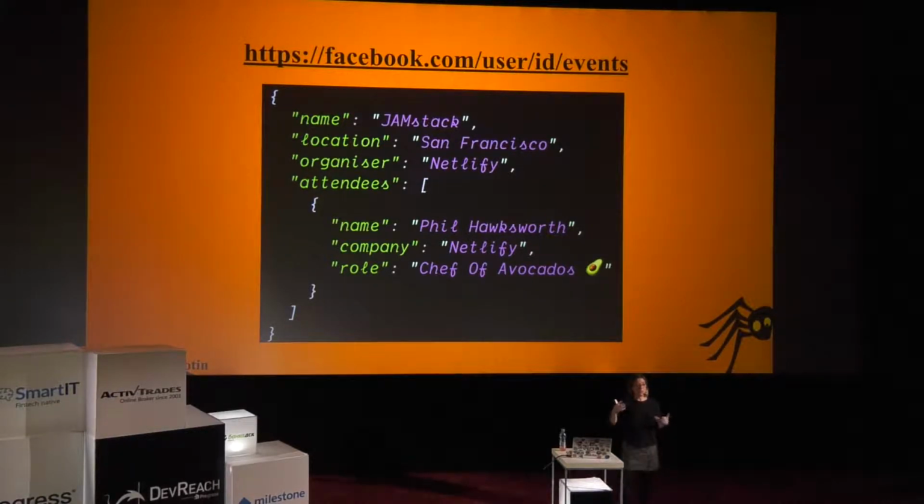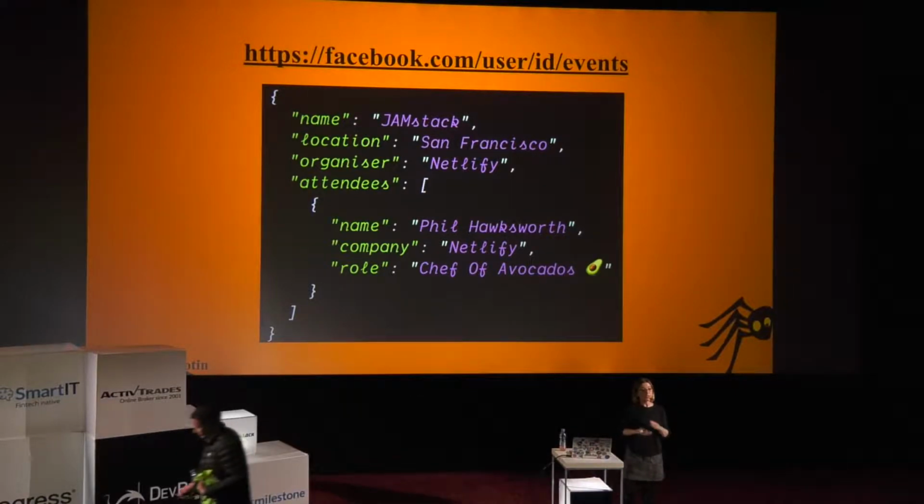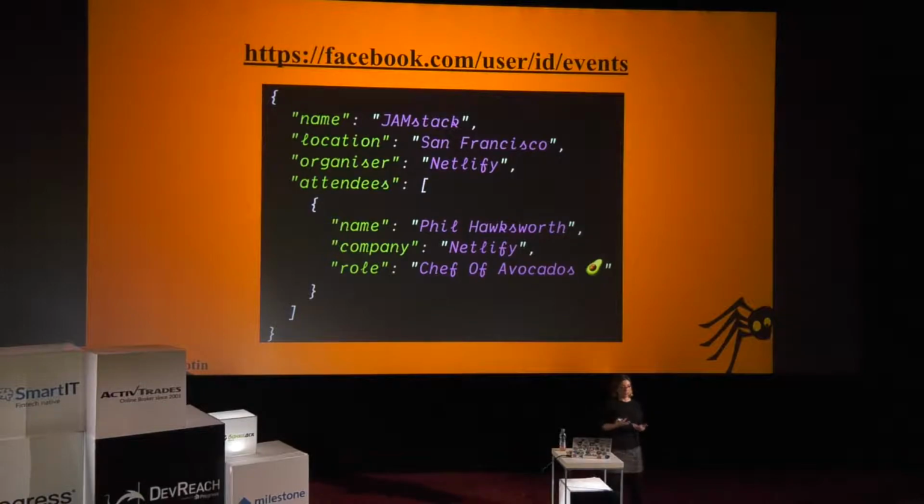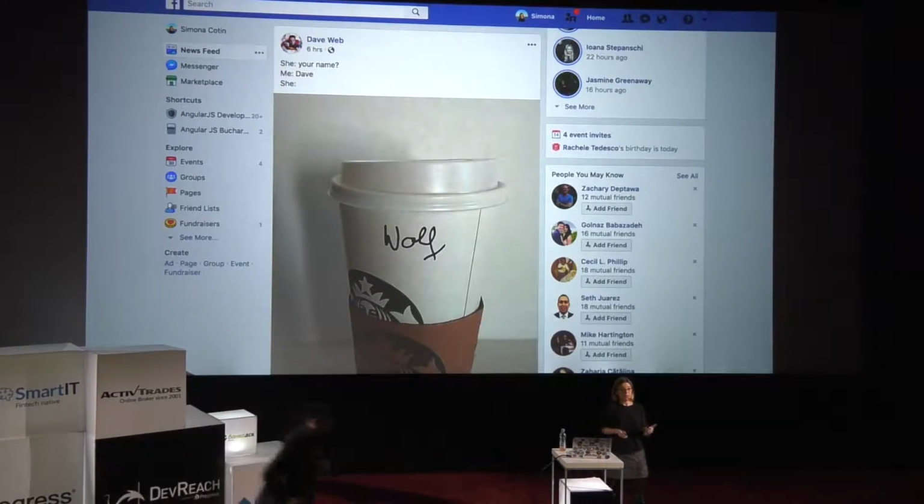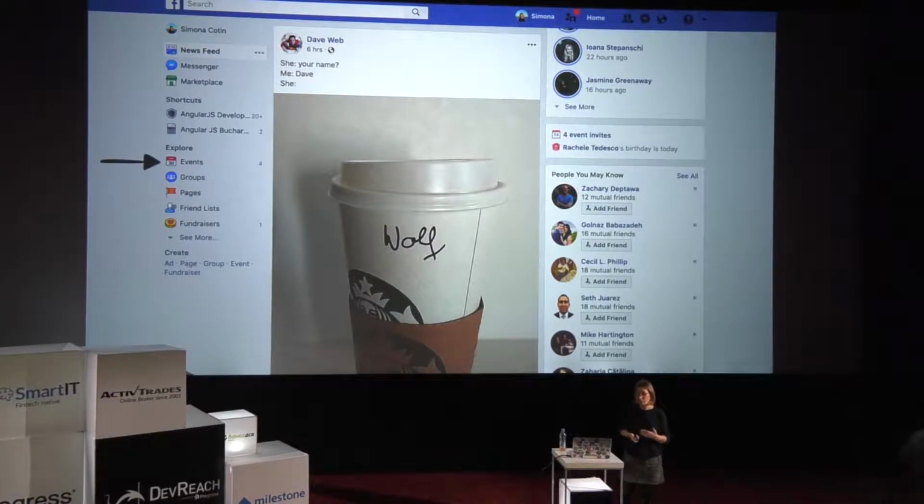Things like what's the name of the event that we have retrieved? What's the location of the event? What's the organizer? What are the attendees? So a lot of information. But what we really need when we look at this page is only the number of events. So here we're displaying 4 events that have been suggested to us, and that's it.